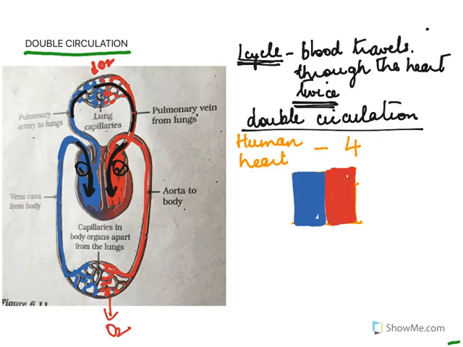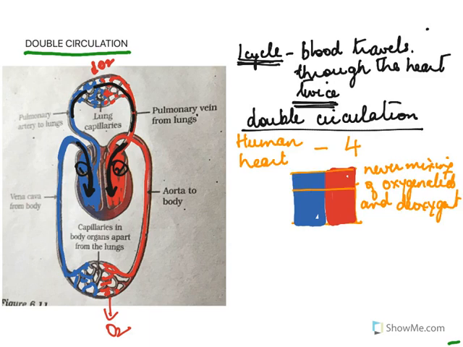There is never mixing of oxygenated and deoxygenated blood. It never mixes because the heart is 4-chambered.